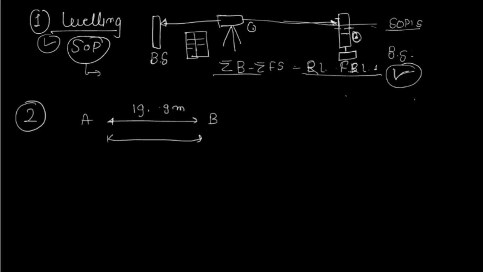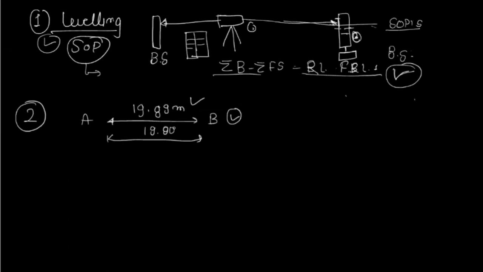Why are these important? Because in this example, if I had measured only once and kept this value as my final value, I would never have known whether there was some kind of error in this measurement or not, whether it is the best possible measurement or not. So we take a second measurement also.